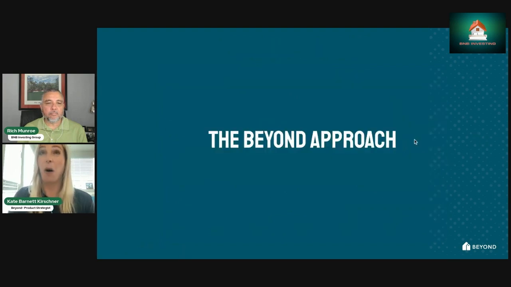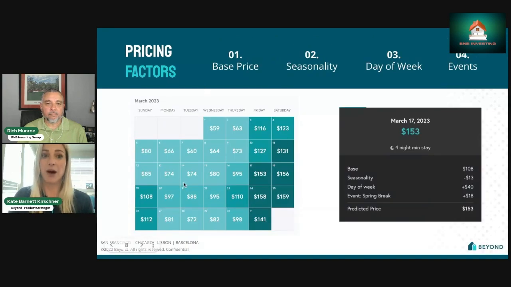So how are those rates even calculated in the first place? I think Beyond makes it pretty easy when you look at an individual calendar, because you can get a sense of how that rate is actually determined. So March 17th here, for example, we always start with a base price, and really any dynamic pricing tool is going to start with some sort of a base price, a starting point for those fluctuations.